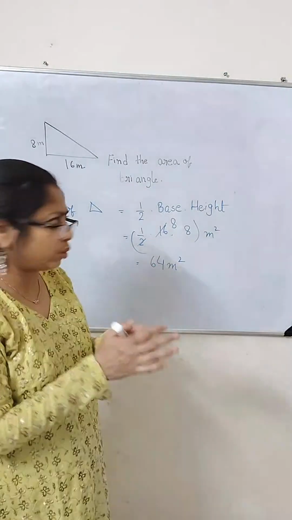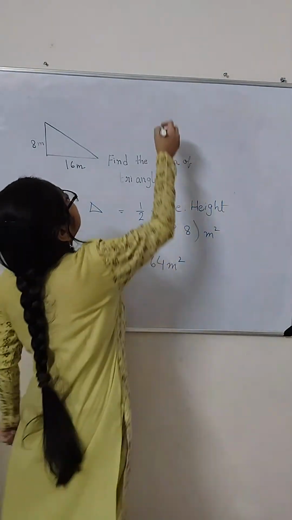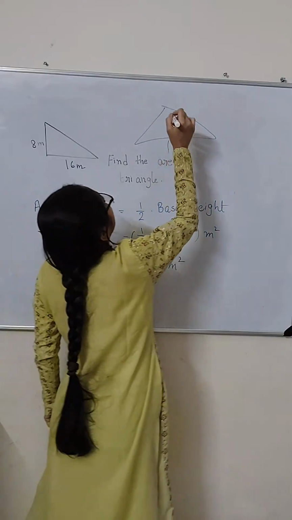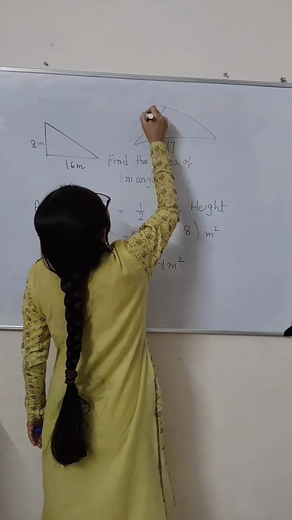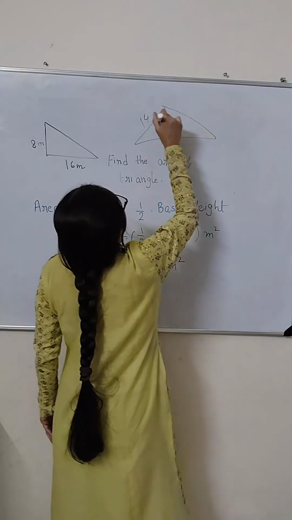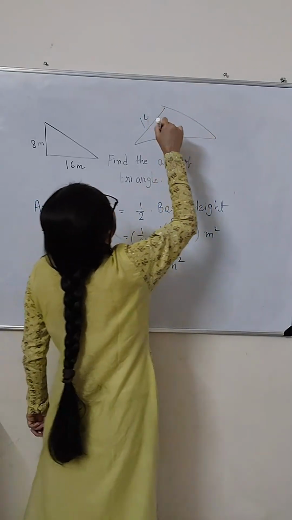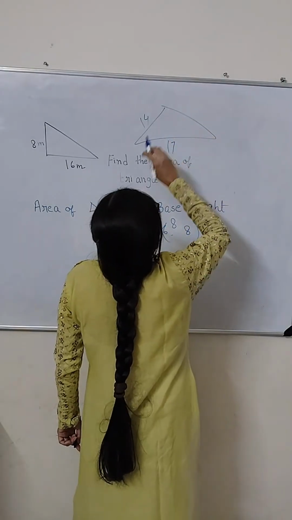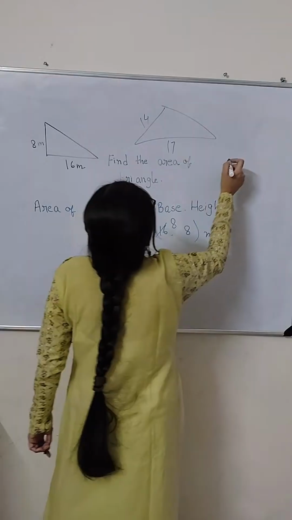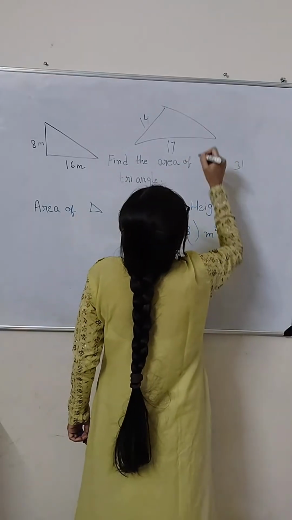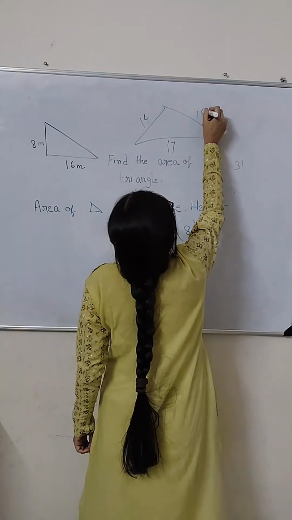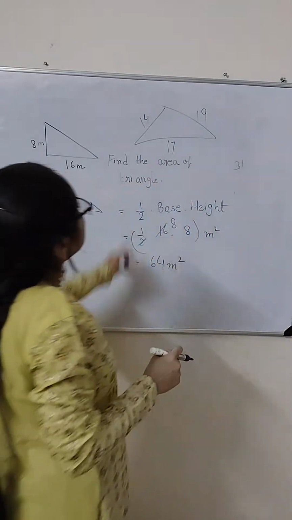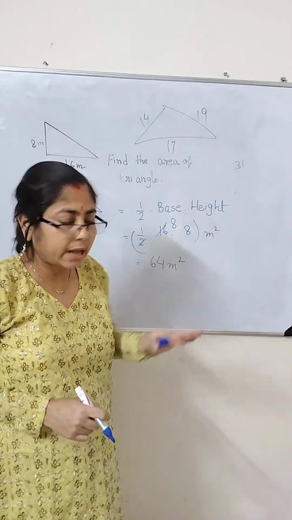And suppose the picture is in that way, that is 17, that is 14, and there is 19. Suppose in this way you do not know the height.